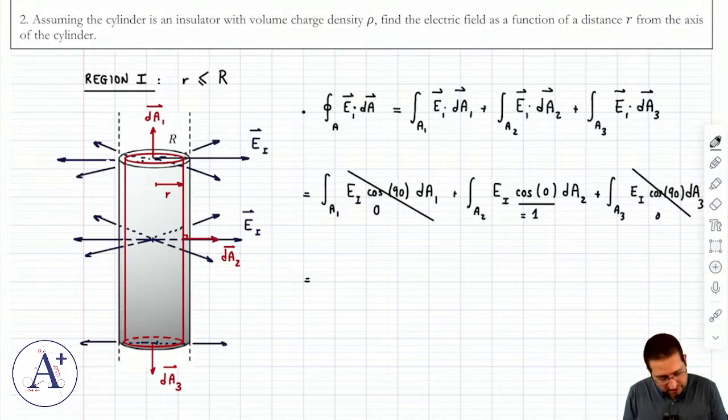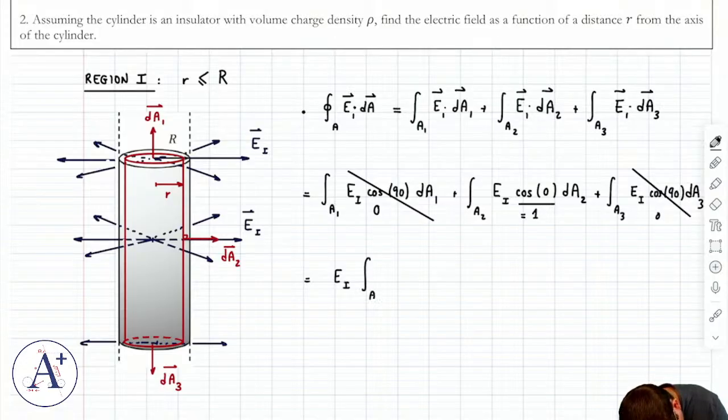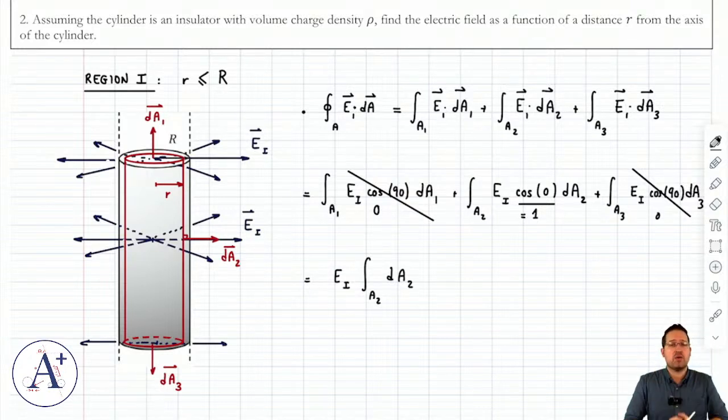It will also always have theta equals 0 with dA2. And so E1 cosine of 0, which is 1 anyway, gets to get pulled out of the integral, and I'm just left with integrating dA2. And if I integrate dA2 over my cylinder wall, what do I get? I get the surface area of the cylindrical wall.